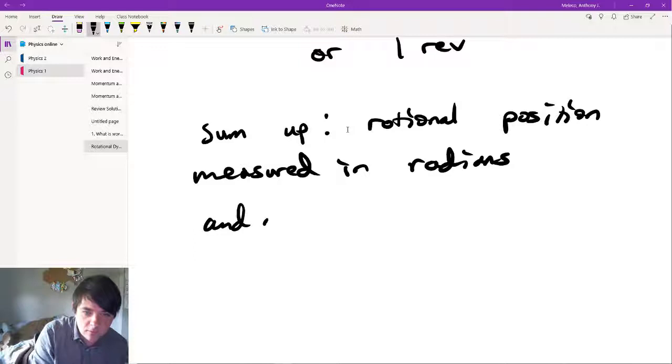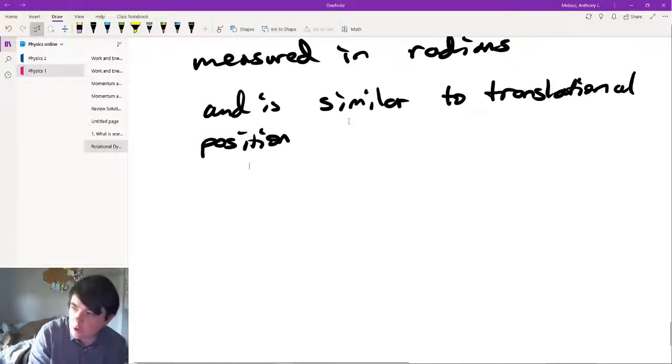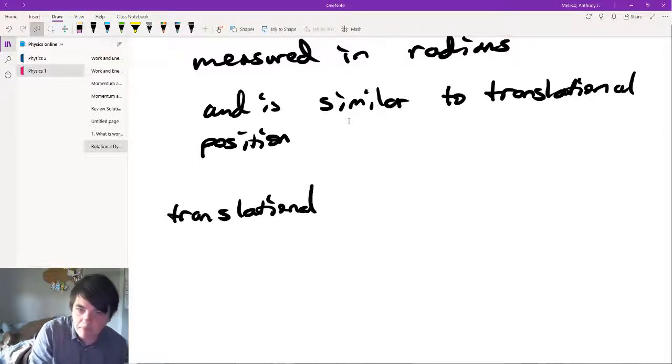And it is similar to translational position, the definition, where you've got translational here, and this is delta x equals x final minus x initial.